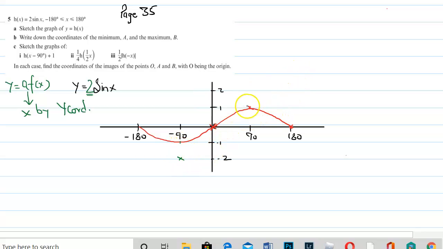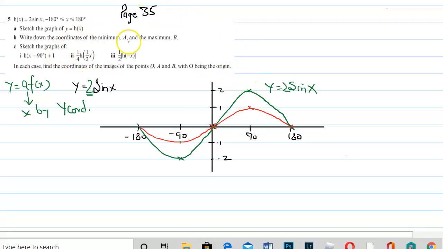And this one is +1, multiplied by 2 is +2. So all the x coordinates will remain the same, and this graph is going to be like this. So this graph is y equals 2 sin x from -180 to 180.